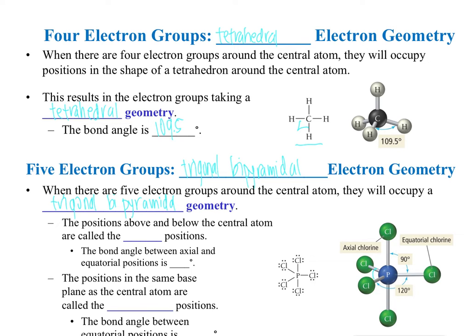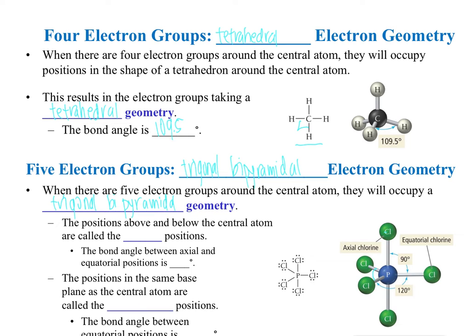So that's why we call it trigonal. And then it looks like if we looked at these chlorines here, if we were to look at it from the top, it kind of looks like a pyramid. And we have that on top and on bottom, so that's where the bipyramidal part comes in.